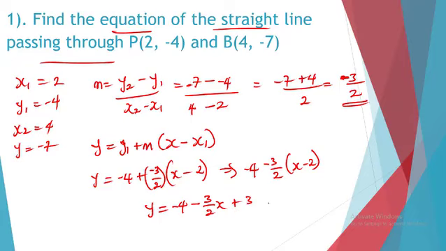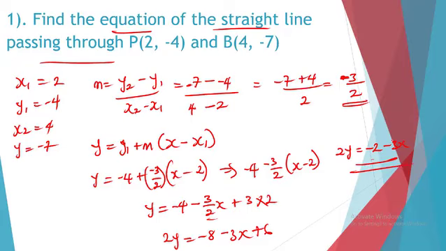Then we need to multiply through by 2 to eliminate the denominator. That gives 2y equals 2 times -4, which is -8, then -3x, and 2 times 3 is 6. Collecting like terms, -8 plus 6 gives -2, so we have 2y equals -2 minus 3x, and this is our answer.